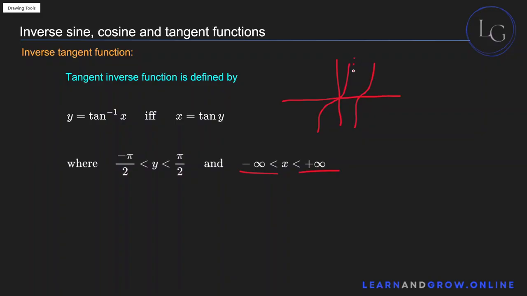But again, if you make a line over here, the value of x will keep on going till infinity and again till -infinity, which is why the value of x can have any value. But if you plug in any value of x over here and take the tangent inverse, the value of y that results will always be between -π/2 and π/2.